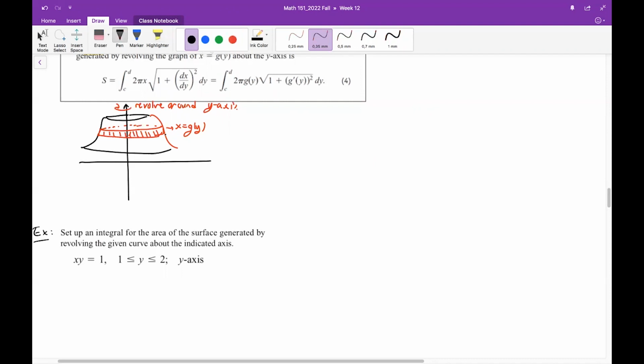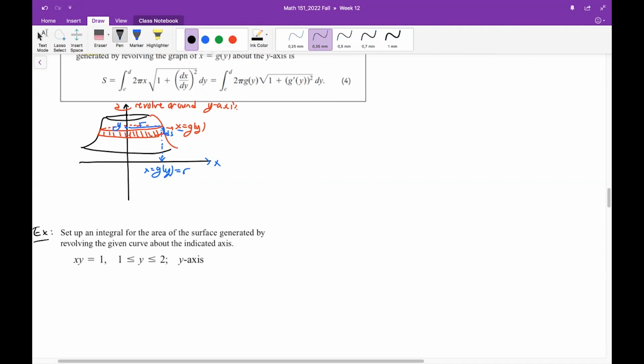This time, this is your ds, a small segment from your curve, and this is an arbitrary y point on the y-axis, and you see this is the radius of this strip, and the radius is in fact given by the curve. If the height is y, the point where you hit on the x-axis is in fact g of y. That's why this time the radius is given by the function g of y. You do the same.